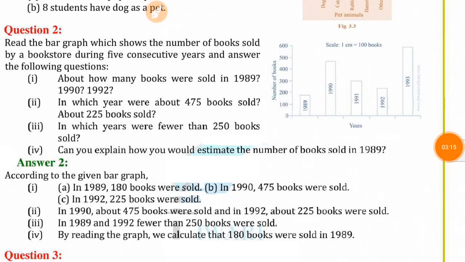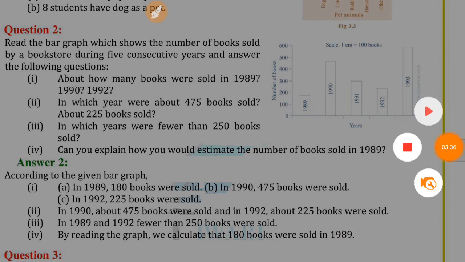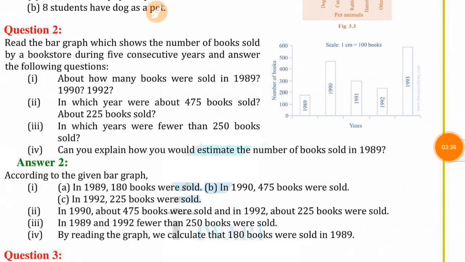Now the second question: read the paragraph which shows the number of books sold by a bookstore during 5 consecutive years. Consecutive years means continuous years. If it is 2000, 2001, 2002, 2003 and so on, continuous like this, those are called consecutive. Answer the following questions. See the graph first.